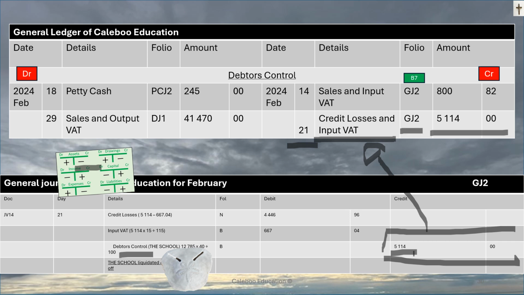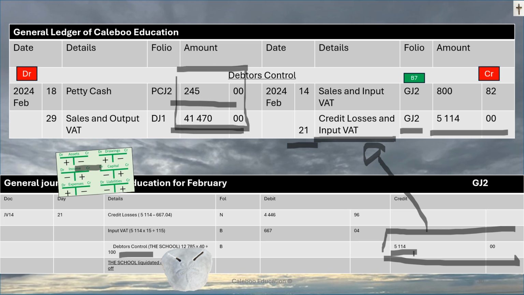Where did the information come from? The general journal. So what happened here, let's just summarize this debtors control account. 245 was charged to the debtors control account for courier costs. There were credit sales for the month of 41,470.